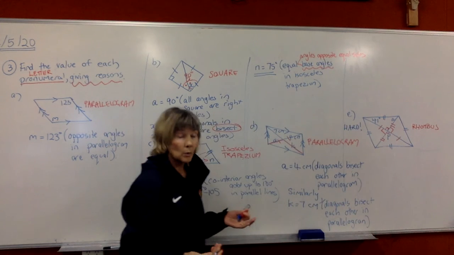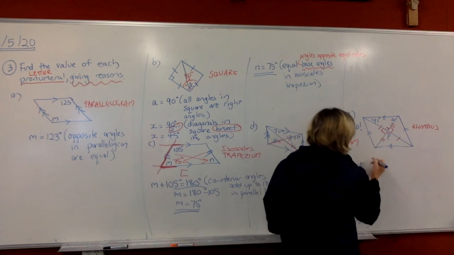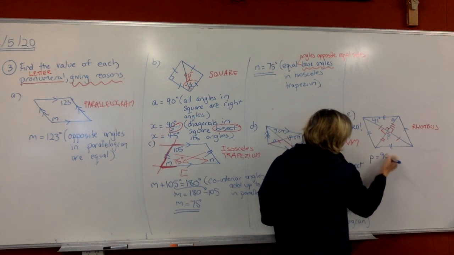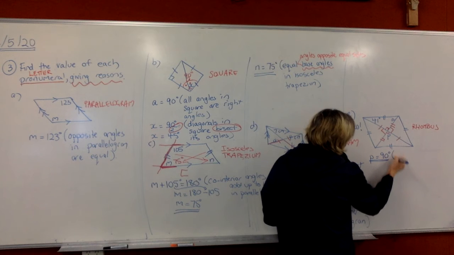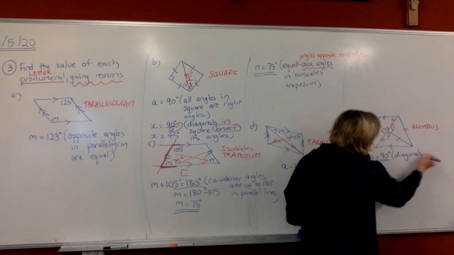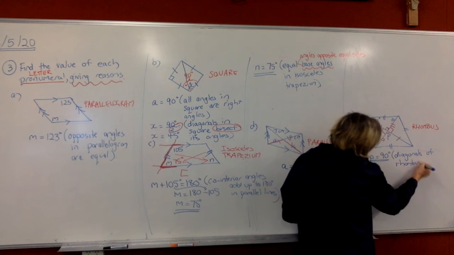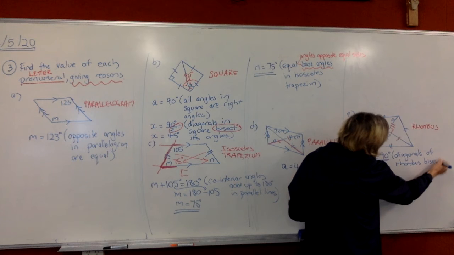So there you go. We've automatically got what P is already. So we can say P equals 90 degrees because the diagonals of a rhombus, make sure you name this shape, bisect each other at right angles.